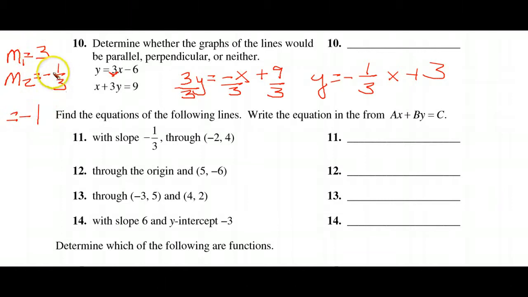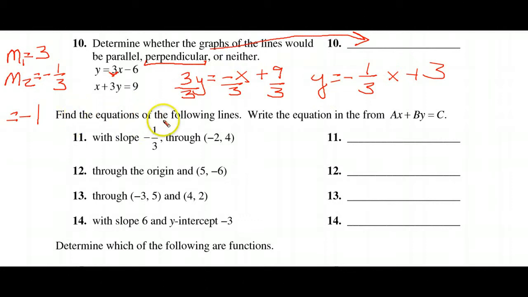The answer is yes, because 3 and negative 1/3, this is the negative reciprocal of 3. When you multiply the slopes and you get a -1, the lines then are perpendicular for number 10. And we have the proof right there.